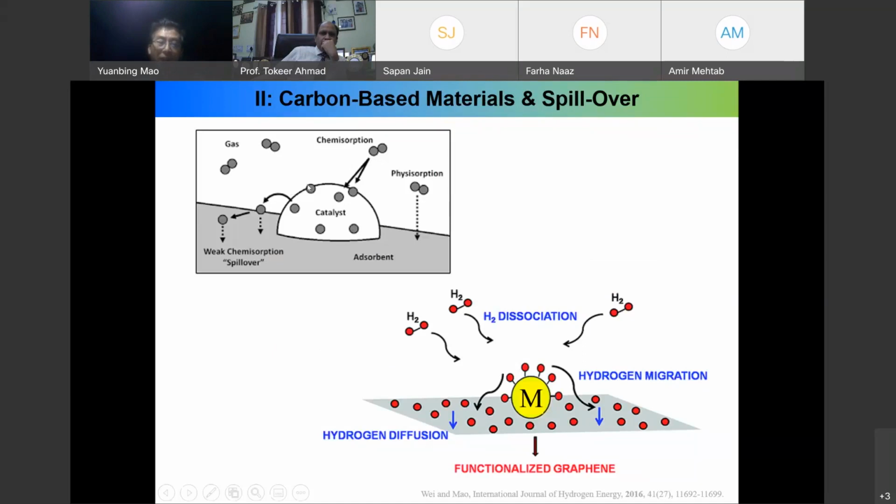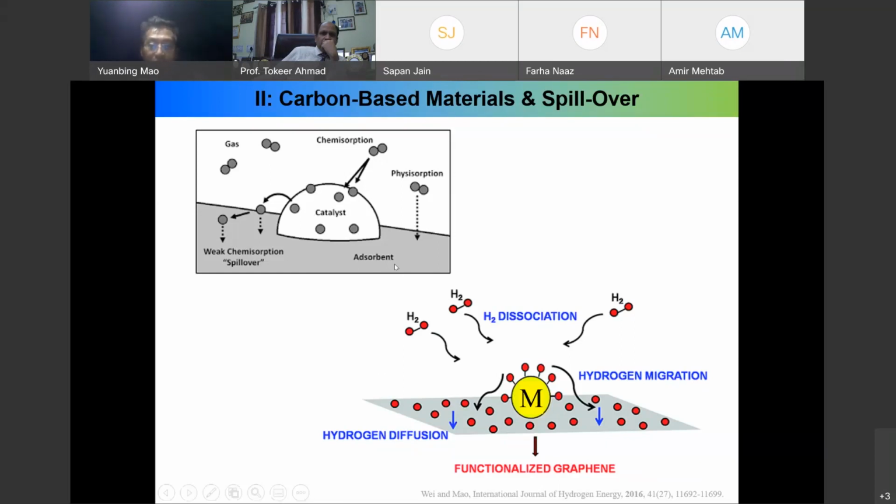Hydrogen comes in, goes to the catalyst surface and gets dissociated, and then it is dispersed on the surface of the adsorbent. Mostly the catalysts will be metals, right? Palladium, those types of noble metals. Recently people have been exploring non-noble metals.